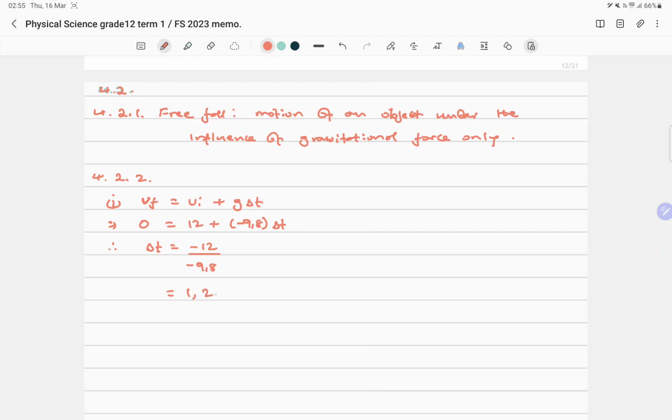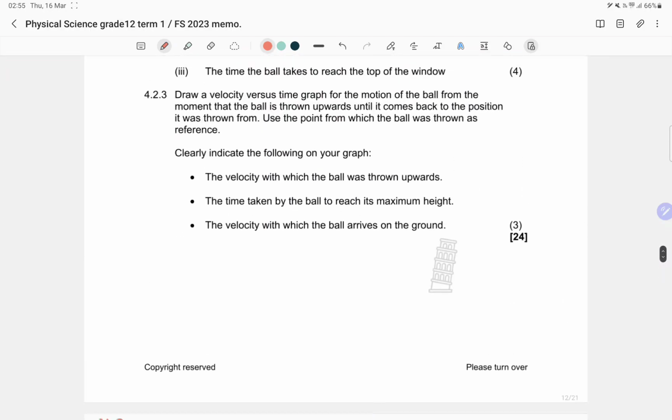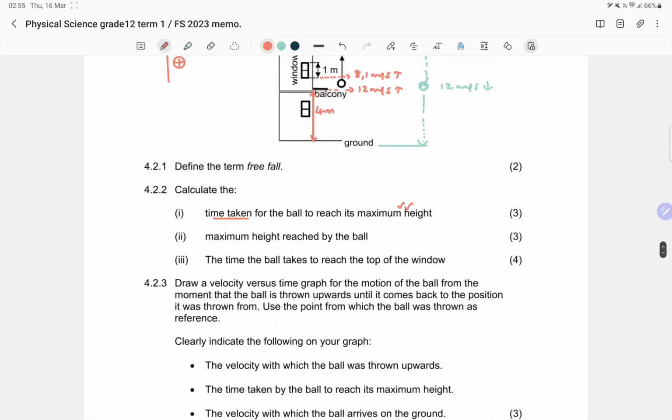This is actually 3 seconds to 2 decimal places. Anyhow, this is easy. Formula, substitution, answer. Easy, 3 marks normally. Yes, definitely.